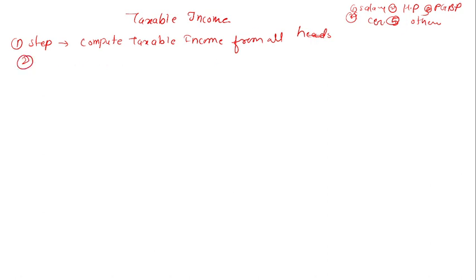Then the second step is clubbing of income. This clubbing of income comes under sections 60 to 65.